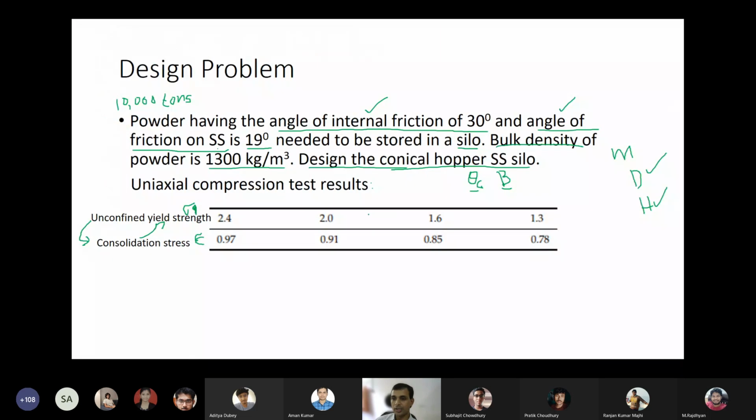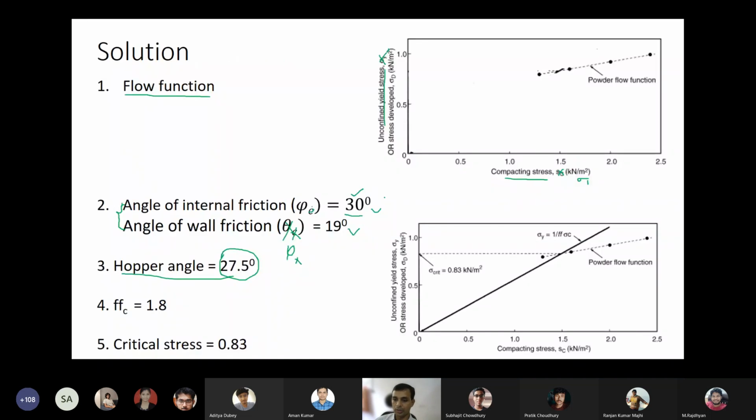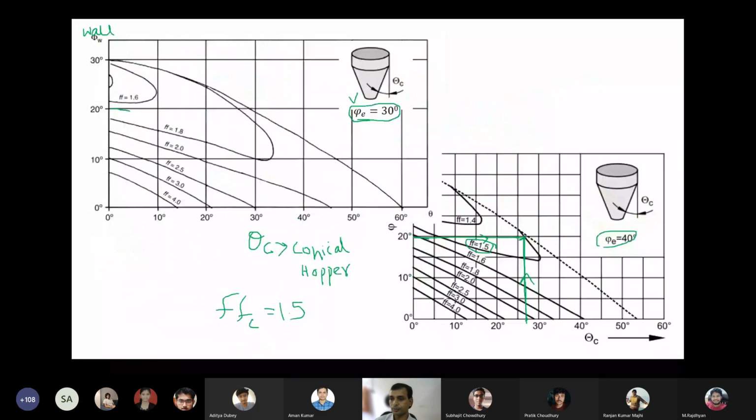Here the question they have given is that the powder has an angle of internal friction of 30 and an angle of friction on stainless steel material, that is wall friction, of 19 degrees. So we know these two, 30 degrees and 19 degrees.